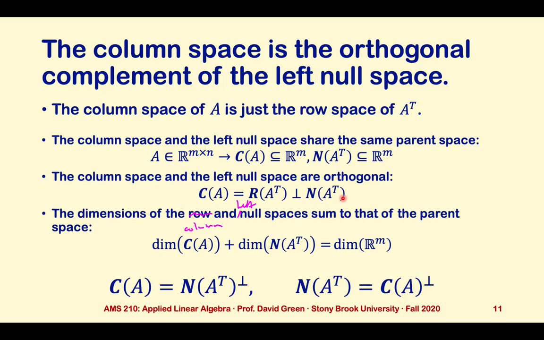These two pairs of relationships, the row space and the null space are orthogonal complements, and the column space and the left null space are orthogonal complements.